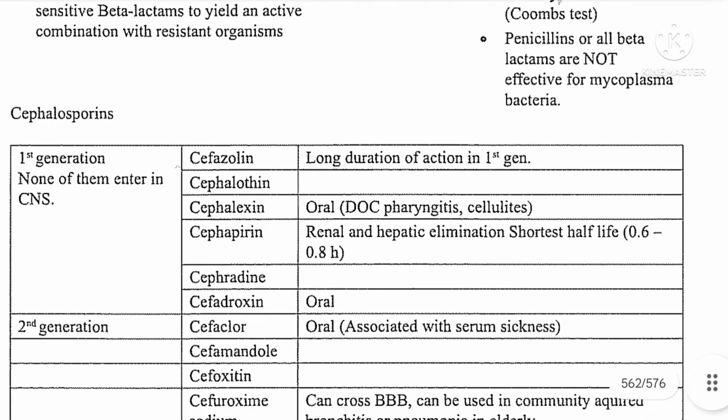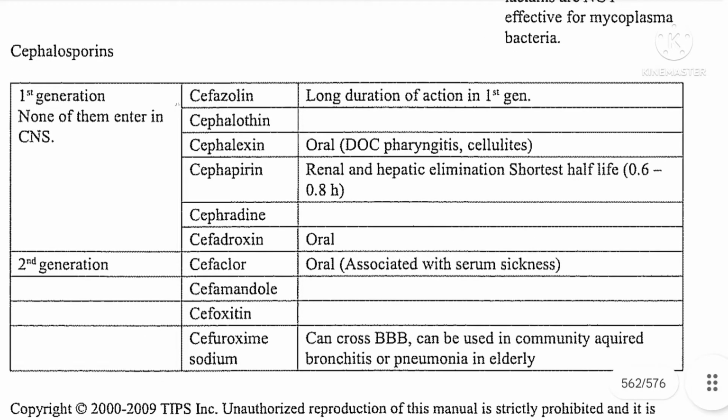Moving on to the next topic, cephalosporin, which is very complicated and at the same time a tricky topic to memorize. The drugs in the first generation cephalosporins are cefazolin, cephalothin, and cephalexin. Cephalexin is used in pharyngitis, and it is basically the drug of choice in pharyngitis, and in cellulitis. Cefazolin is eliminated hepatically and renally with the shortest half-life, 0.6 to 0.8 hours.